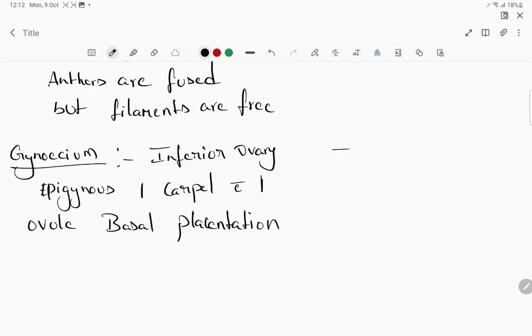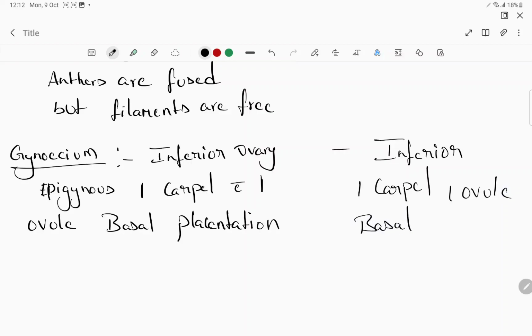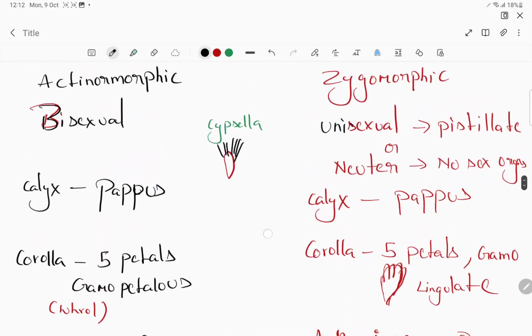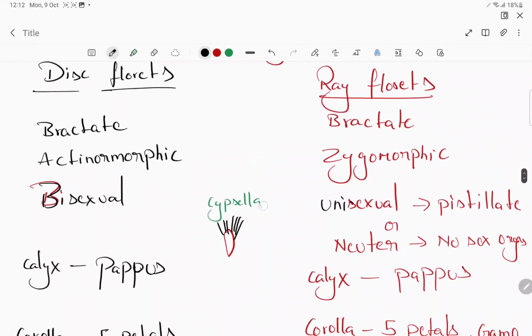And here also the same: inferior ovary, one carpel, one ovule, and basal. So let's write the floral formula for this, both ray florets and disc florets.